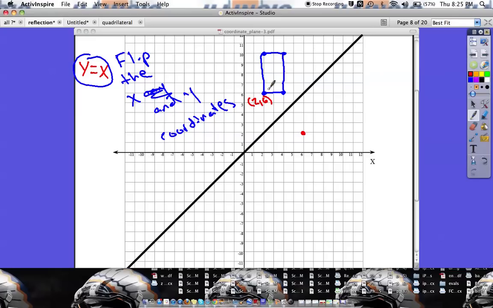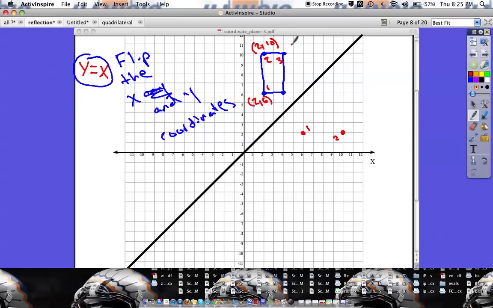I'll put a 1 beside that one and a 1 beside that one. Now this one will be our number 2, and this one is 2, 10. Again, y equals x, flip the coordinates. 10, 2. That would be our number 2 right there.